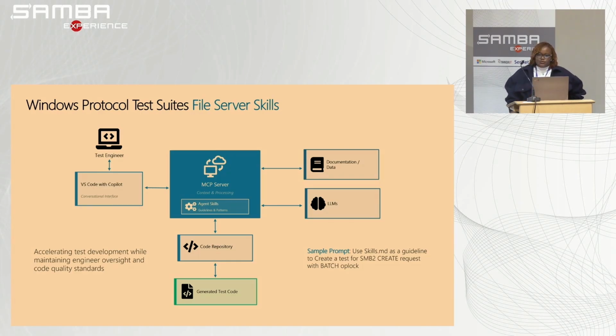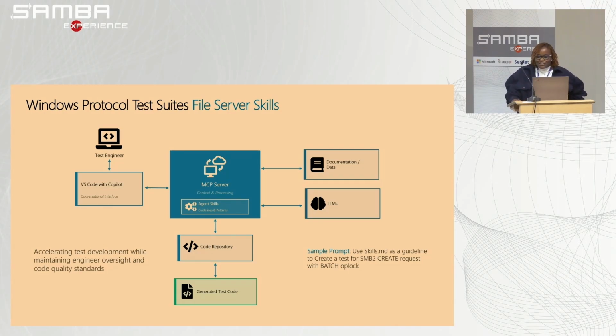If you'd want to develop your own test cases for scenarios not covered by ours, we created a structured document that captures everything an AI assistant needs to know to write file server test cases. This is the protocol patterns, the test scenarios, any configuration requirements, and coding conventions.